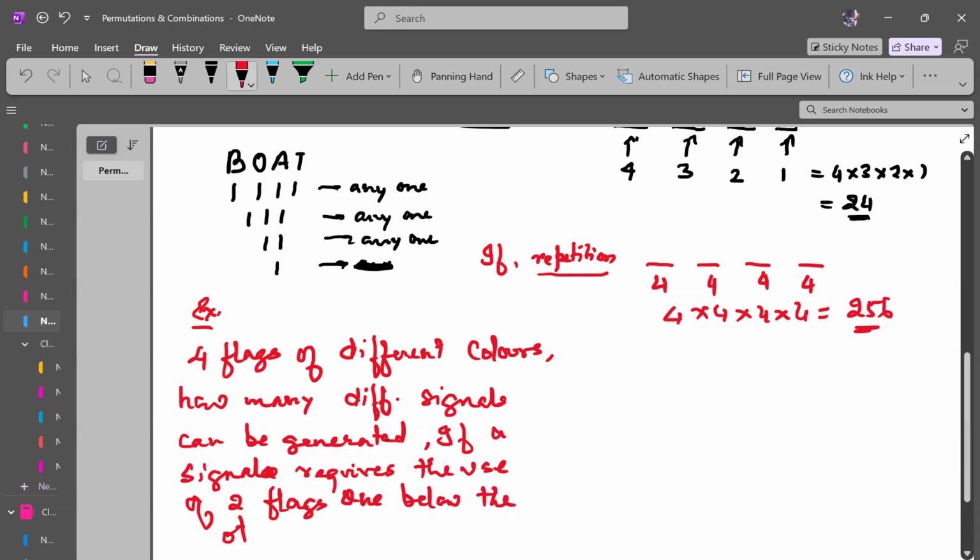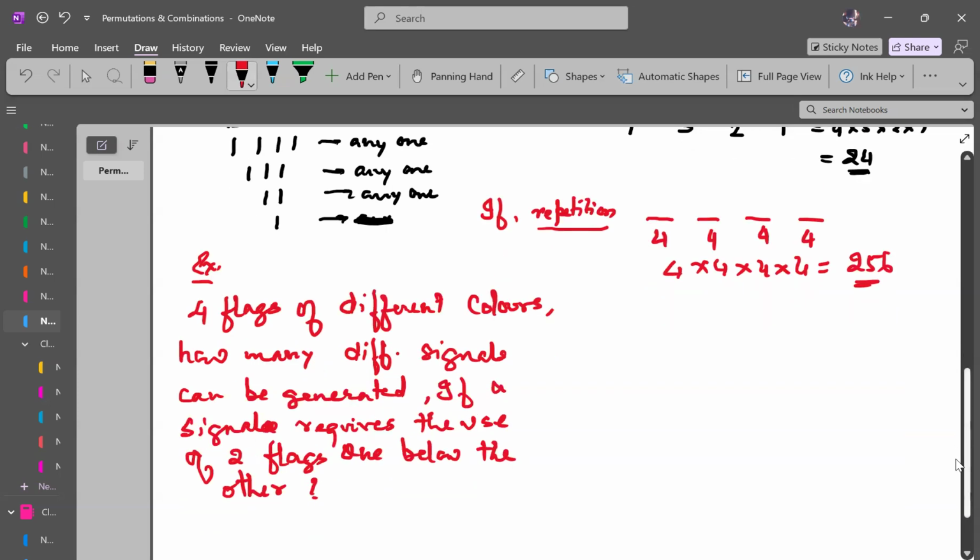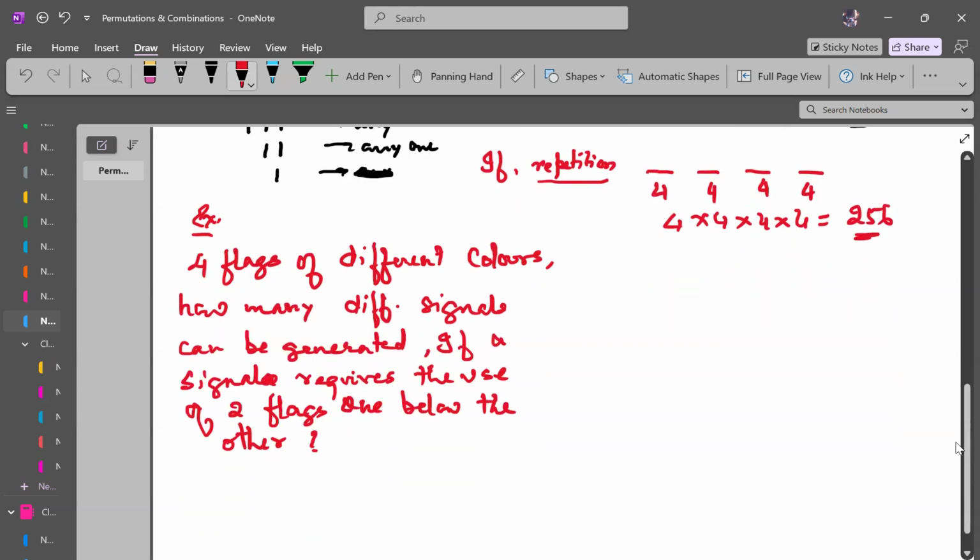Would you understand? So you have two spaces and there are four different flags, and you can repeat them. Repeat in the sense, same combination can't be repeated. By repeat, I mean blue, blue, no. Same flag can't be there twice. Okay.